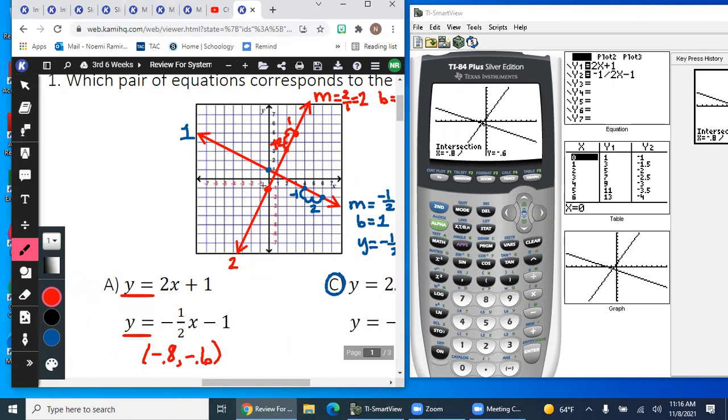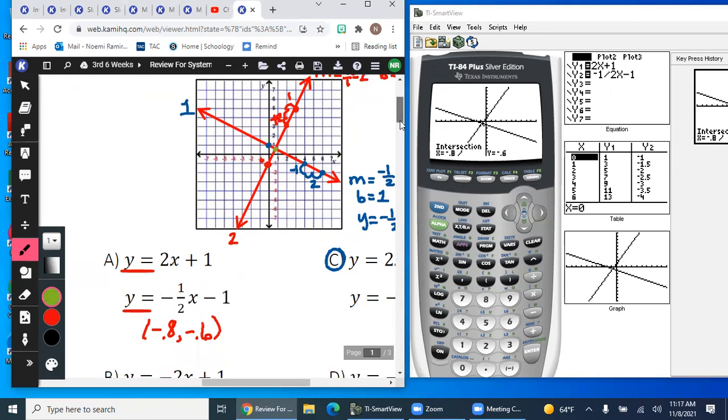Negative 0.8, negative 0.6 would probably be somewhere here, and that is saying that the point where they cross is over here. It cannot be A. Another thing you could do is compare the graphs. The point of intersection for these two is over here in the 3rd quadrant, and the point of intersection here is in the 1st quadrant. So definitely can't be A anyway.